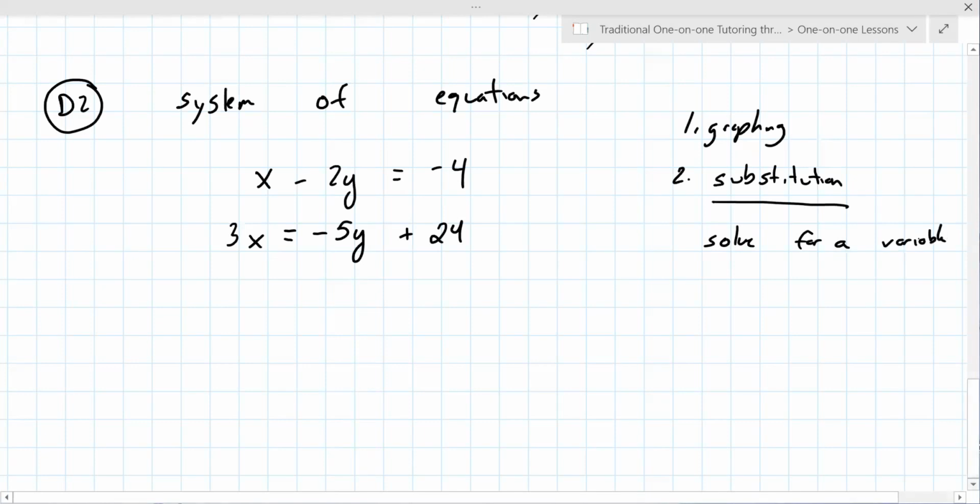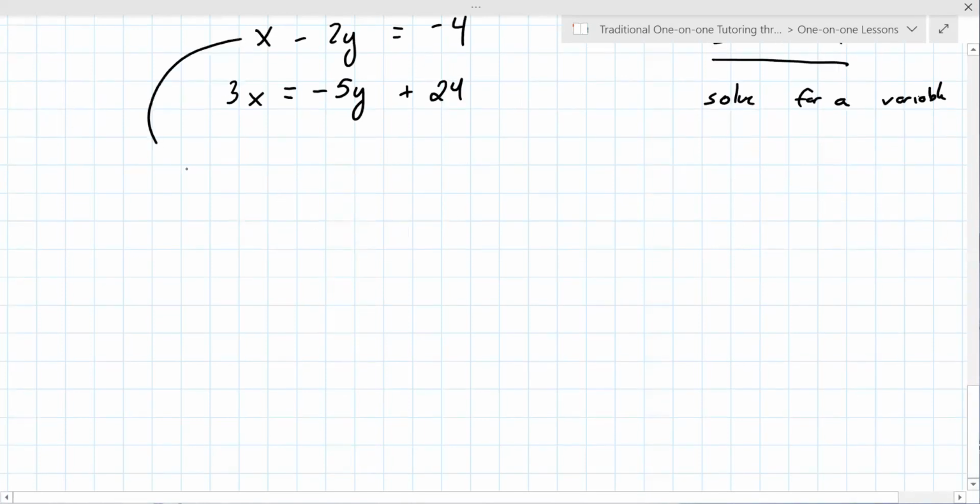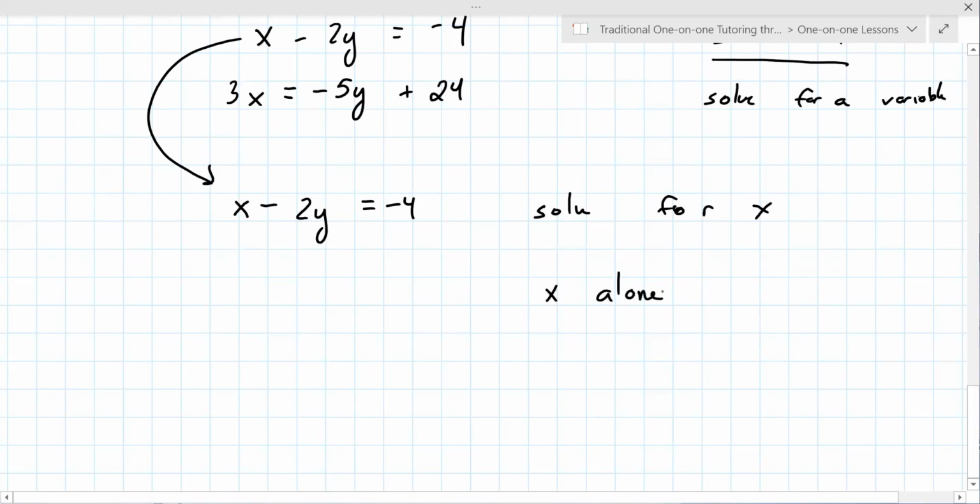Okay, so we're going to look at equation 1. We're going to look at this equation right here, x minus 2y equals -4, and we're going to solve for x. Okay, that means we want to get x alone. All right.